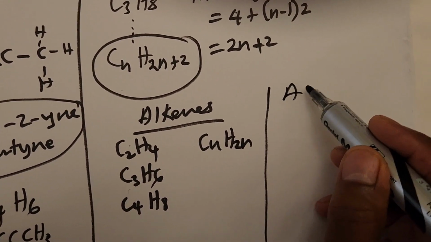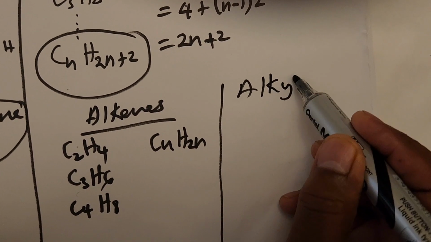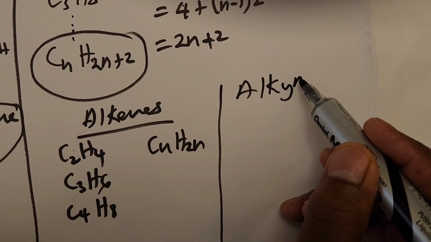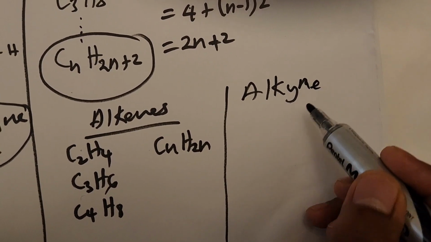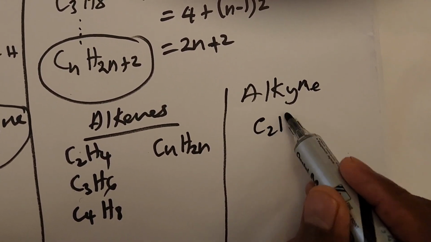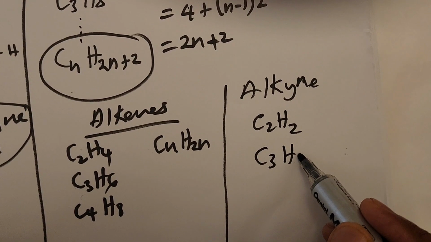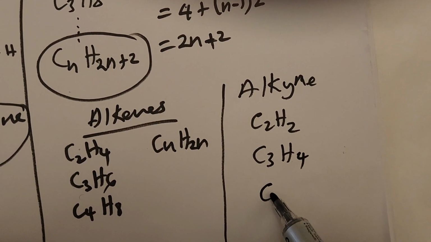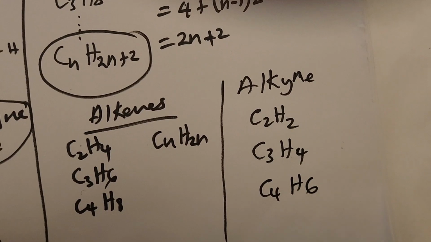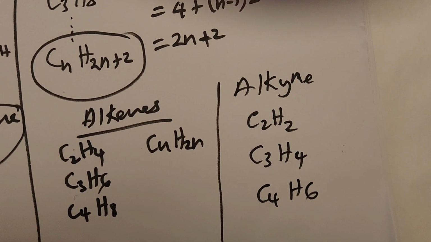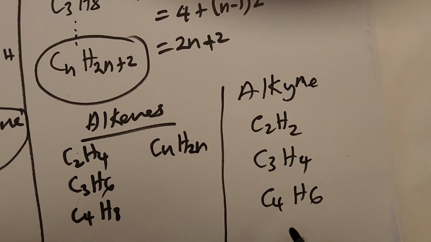The first member is C2H2, then C3H4, and then C4H6. So you can tell what will be the next one.